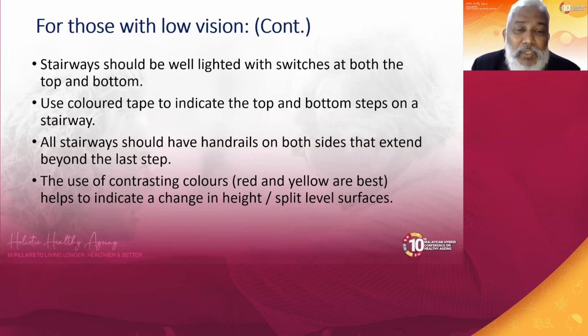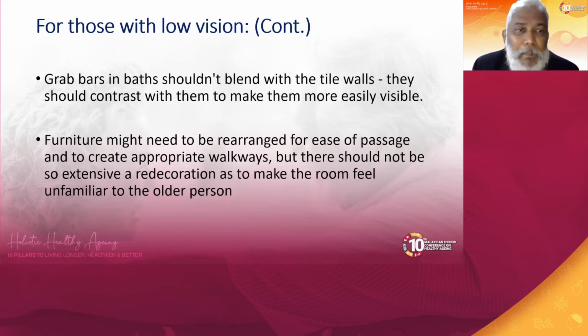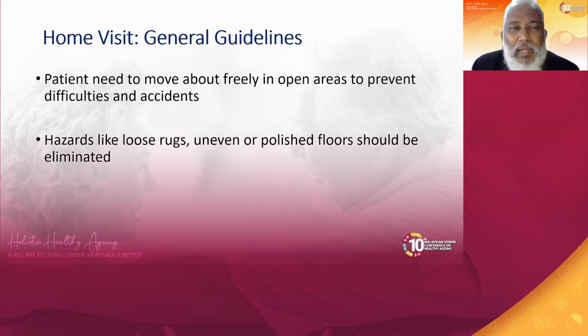It's better to have contrasting color tapes at the edge, so that people can perceive the depth. Okay. And also rearrangement of furniture and installation of grab bars in important, slippery places, so that they can hold on when they are about to fall or feel like falling.